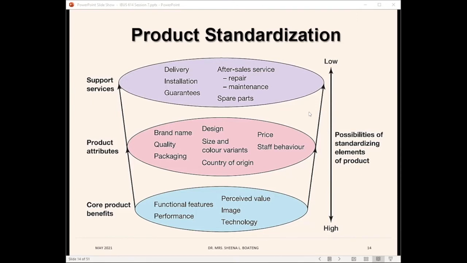And then they have the mid-class Samsung phones. Then they have the lower level ones, right? These are all as a result of the ability to adapt various product attributes like brand name and quality and packaging and size and color variants. Even Apple at some point has dabbled in adapting the product attributes of their famous iPhone. Who remembers the iPhone 5C?